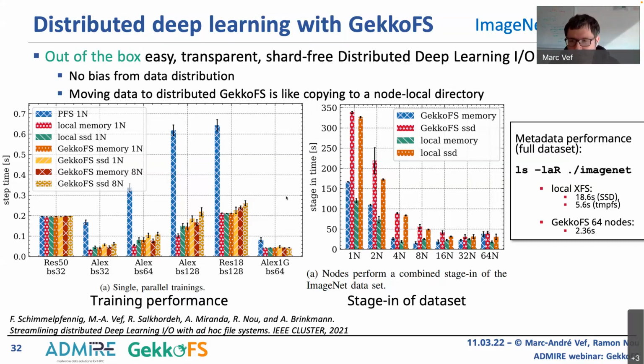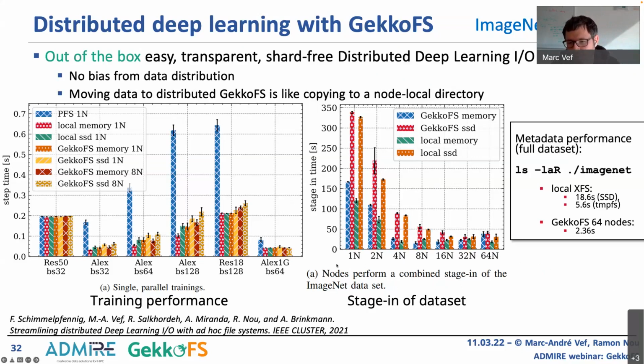The second part that we want to include here is the staging, because of course you need to move in the data to use it. If you're looking at the combined staging here, for the local cases, this means that we actually split the data into shards so that every node gets its own subset, which is the usual way.